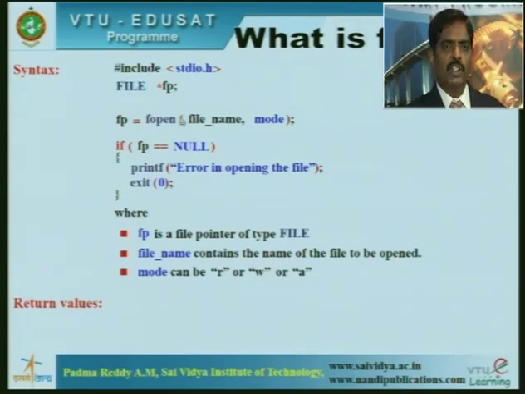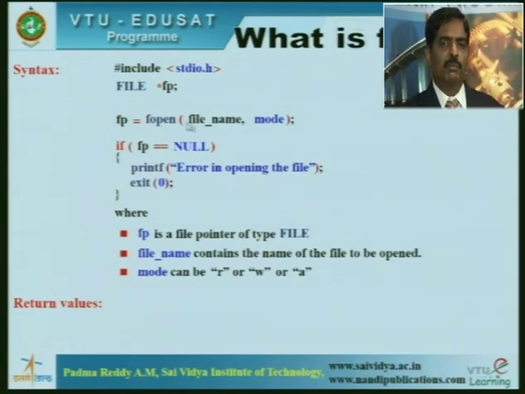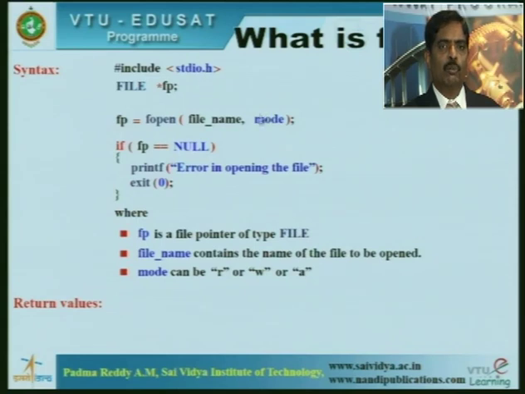Now, what does the function fopen return? As I already told, if there is any problem in reading the file, the file may not be there, or you are opening the file in W (write) mode but the file may be read only. In that case also, the function fopen returns null. Otherwise, fp points to the beginning of the opened file.